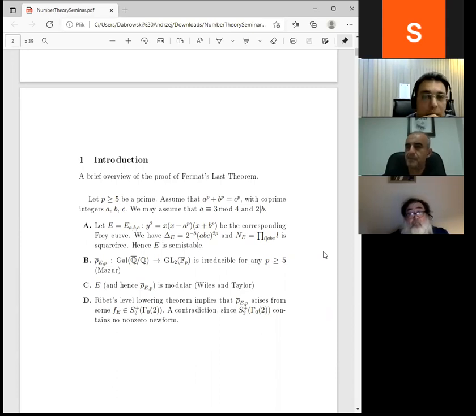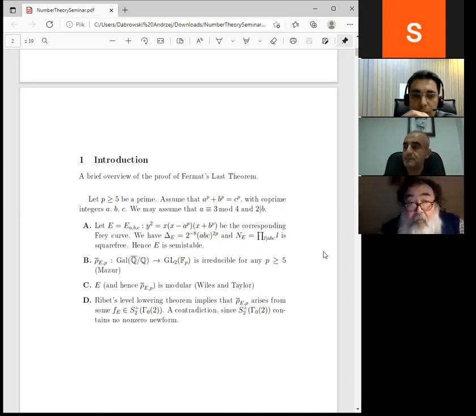First, take a prime p equal or bigger than 5, and assume that we have a non-trivial solution (a, b, c) to Fermat's last theorem. Assume that a is congruent to 3 mod 4 and that b is even. Then, first step, we can associate a Frey-type elliptic curve.